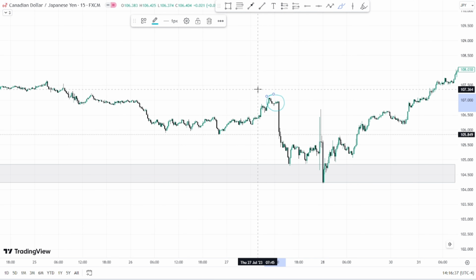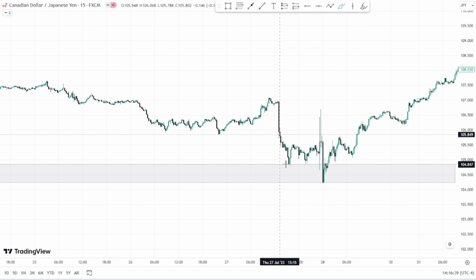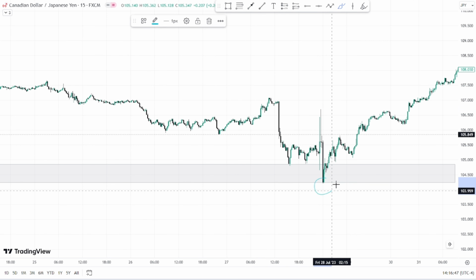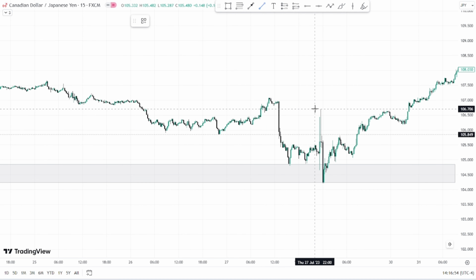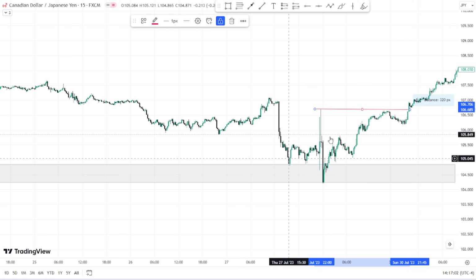So this is the high, this is the low when it tapped into this order block, and this is a lower high, and again we have this lower low here. I'm just gonna mark out this lower high so that it doesn't confuse us. All right, so this is our lower high, right?